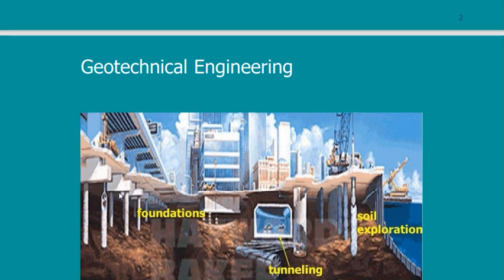Below the bridge, there are foundations. Below the building, there is a basement, and below the basement, there is also a foundation. Here, there is a tunnel. You did not see the tunnel above ground. It is fully below the ground. Below the harbor, there are piles, khawazid, as we say in Arabic.